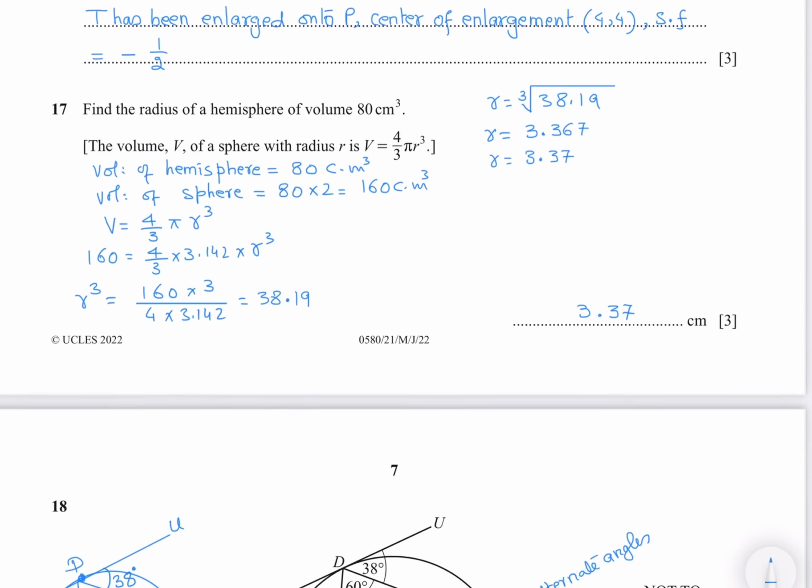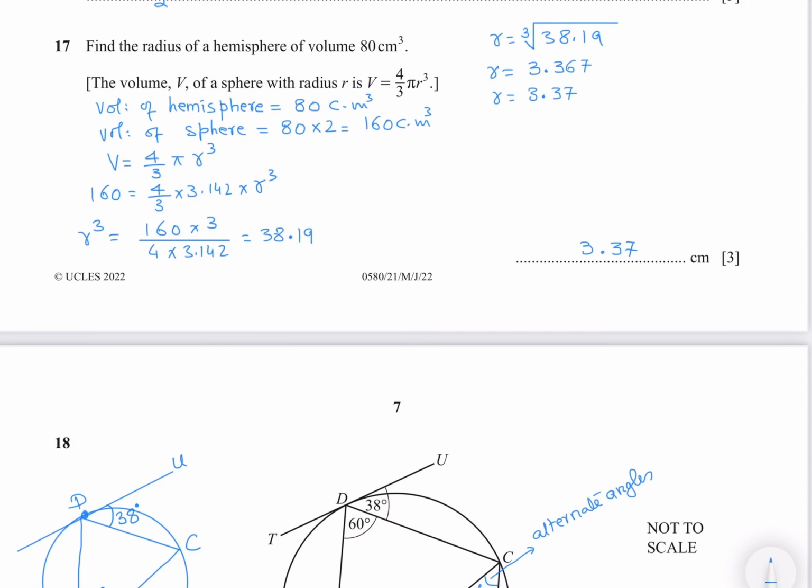Question number 17. Find the radius of a hemisphere of volume 80 cubic centimeters. The formula of the volume of a sphere is given. The volume of the hemisphere is 80 cubic centimeters, so I multiply 80 by 2 because I want the volume of the sphere.